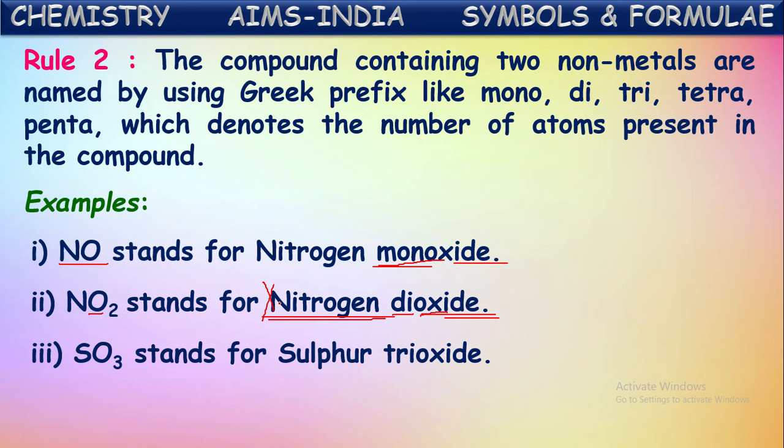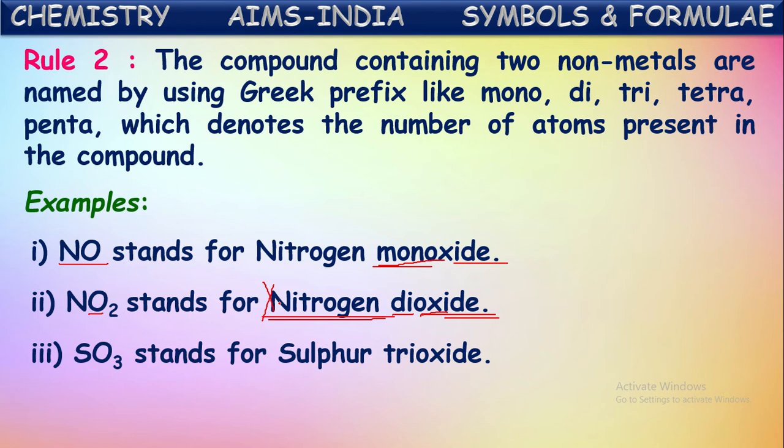The compound formed between sulfur and oxygen. There is only one sulfur atom, so it is mentioned simply as sulfur. As it is the first non-metal in the compound, we need not mention mono. We should not say monosulfur because it is the first element with a single atom. So we can directly say sulfur.